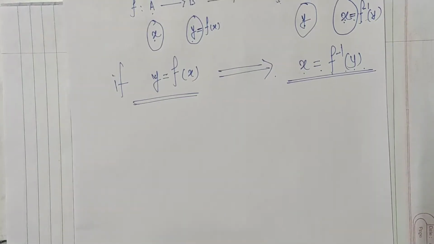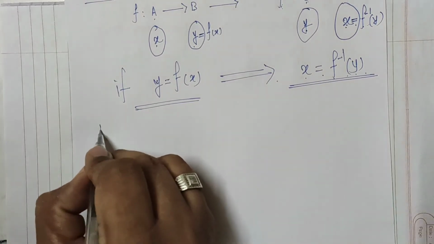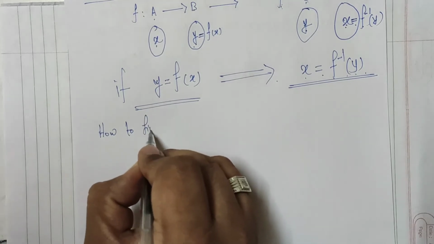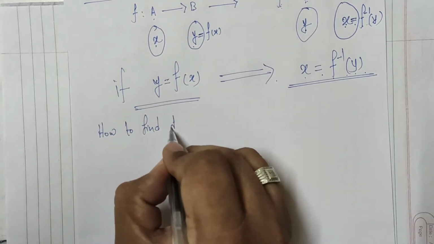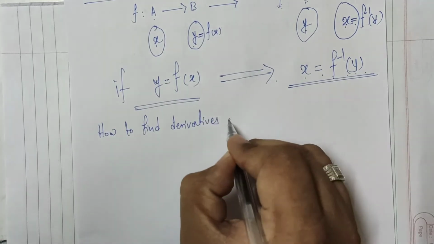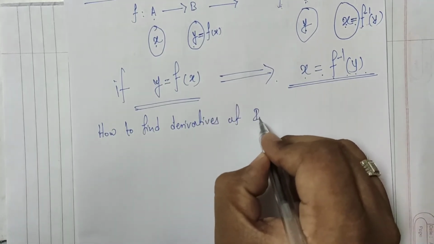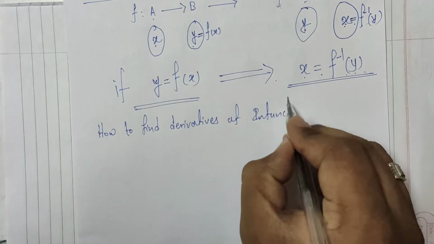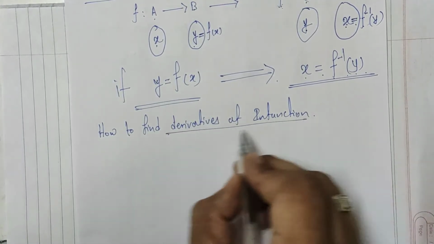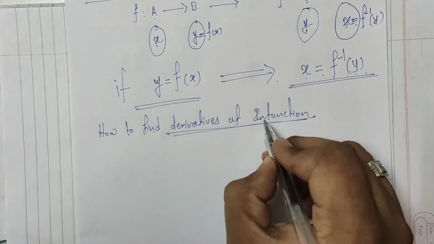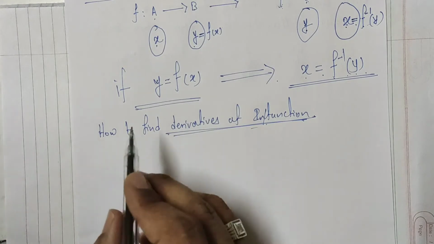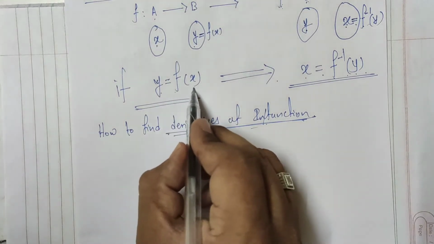Then we have to learn how to find derivatives of inverse function. Before we learn that, first of all we find the regular derivative of y with respect to x.